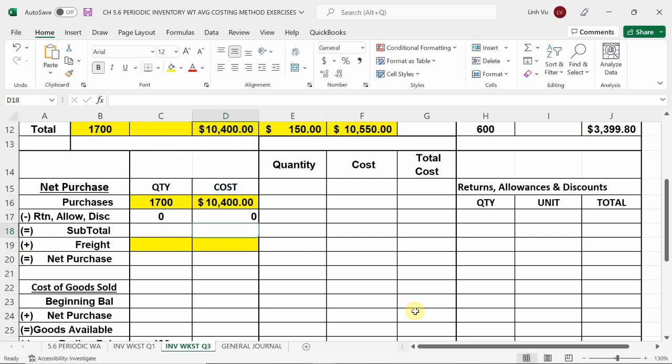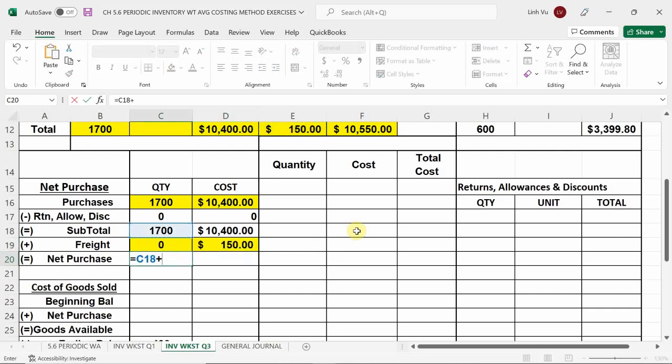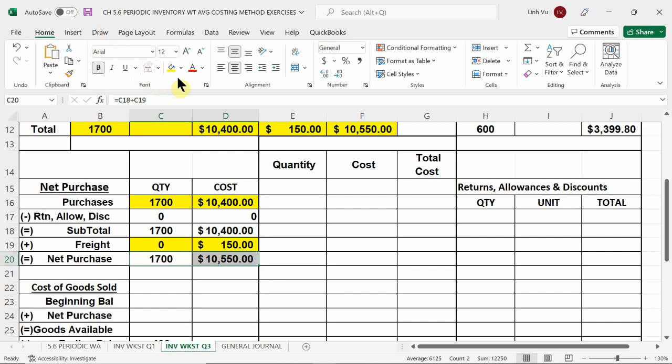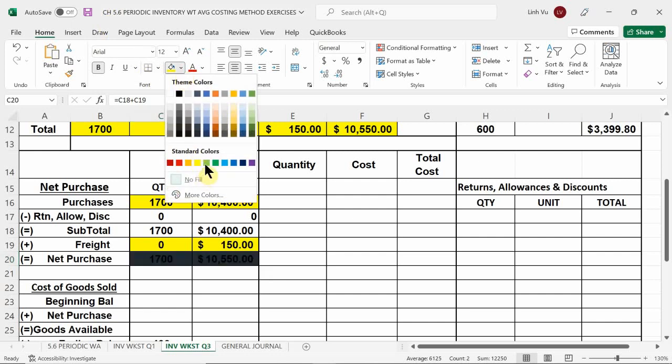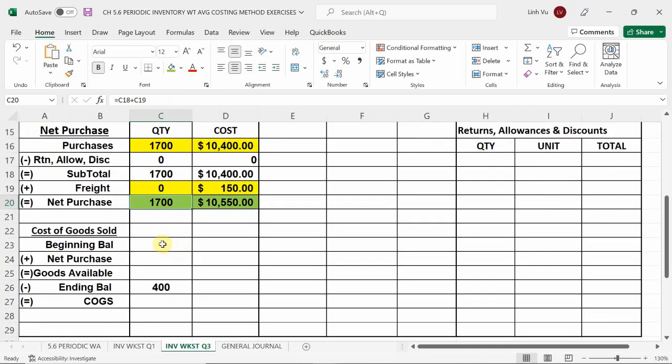We're assuming there are no purchase returns and allowances, so that's going to be 0. And we know that freight adds nothing to quantity, but it adds to the purchase price, so in this case, 150. So this is your total net purchases: 1,700 units at 10,550.